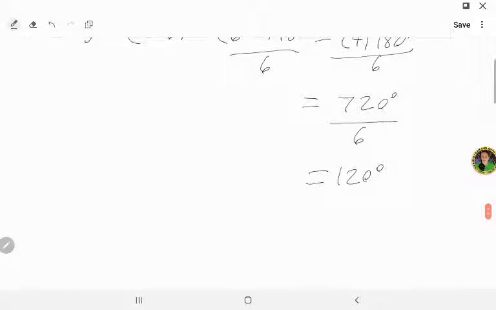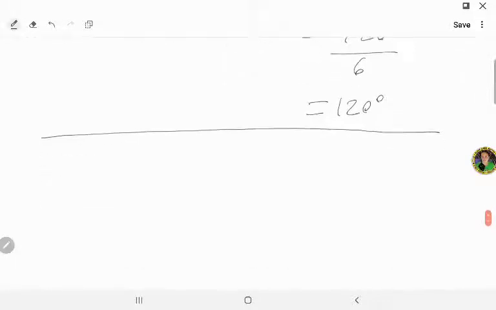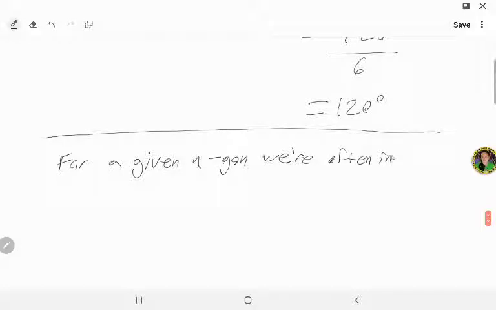So what can we do with that? We notice that for a given n-gon, we're often interested in perimeter and area.